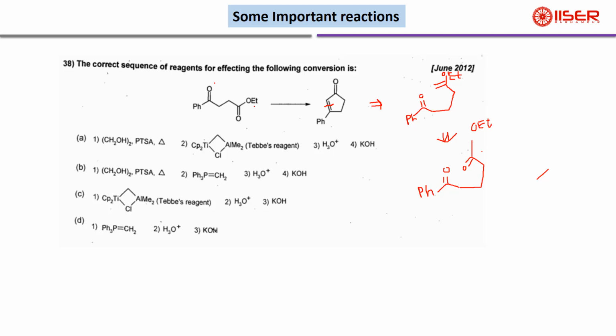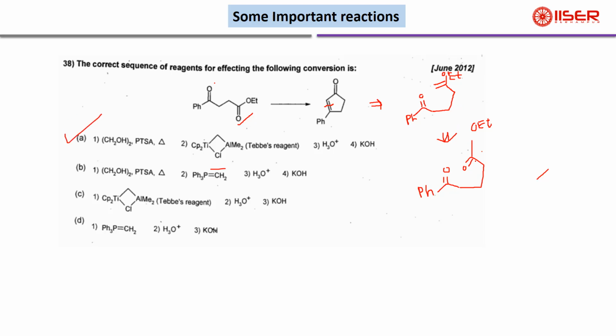After that, for olefination of this ester, we usually use Tebbe reagent, not the Wittig, because Wittig is limited to aldehyde and ketone. So we'll use this Tebbe reagent. After that, if you add this, then this OH minus will attack through this CH2 to this group, and through elimination of water, it will form this alkene. So the correct option is option A.